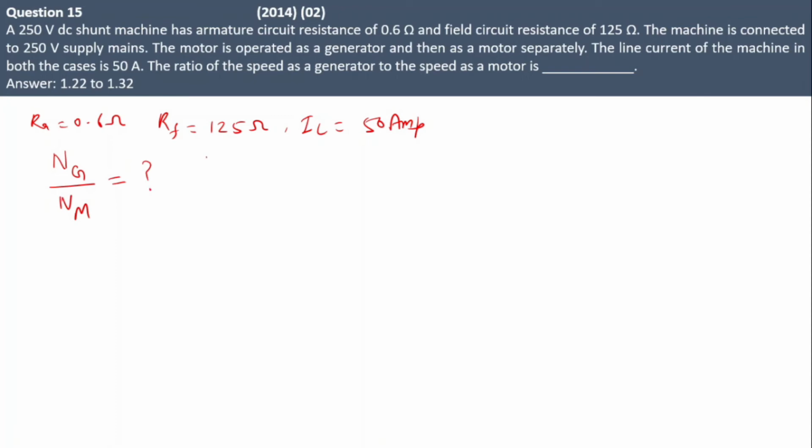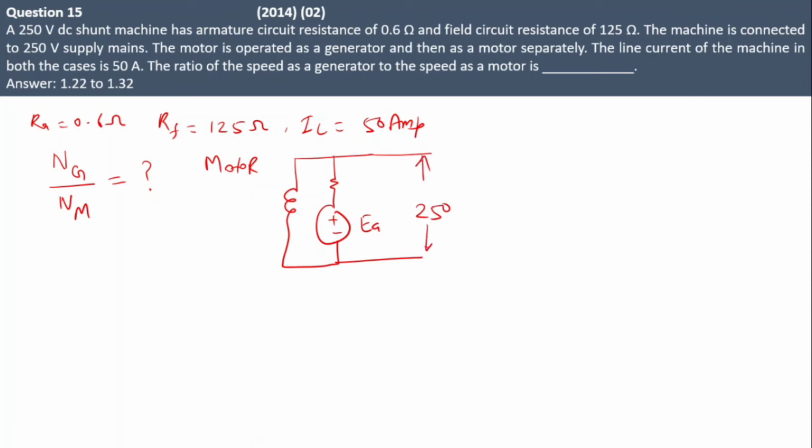So first, in case of motor, the armature resistance Ra, the back EMF Ea, and this is the field resistance. This is 250 volt. For the motor, line current is 50. This is 125 ohm. So what will be the field current? V by Rf, so this will be 2 amps.